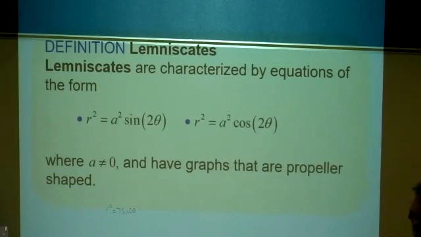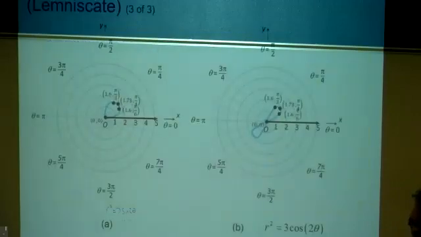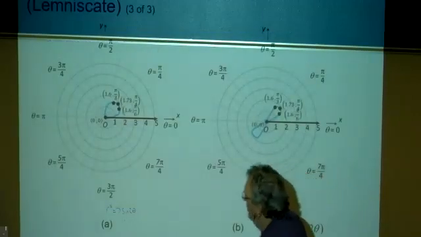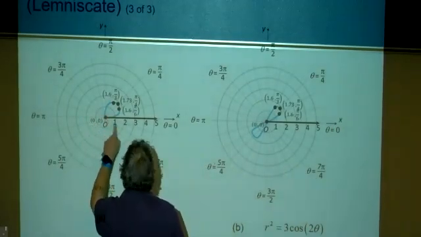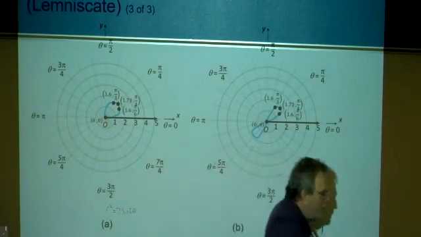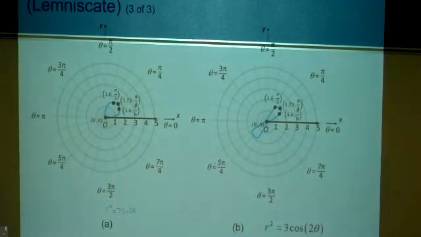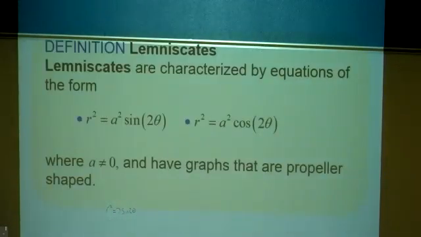Yeah, lemniscates. And I'm thinking they just didn't draw it in. It's supposed to be there, because they're propeller in shape.